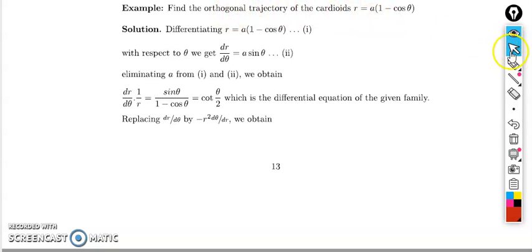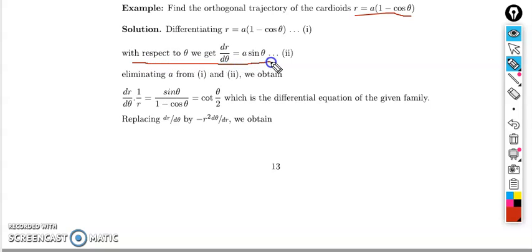The given curve is r equals a into (1 minus cos theta), where a is your parameter, so you have to eliminate a from this equation. Here the number of parameters is 1, so you have to differentiate with respect to theta, because here theta is the independent variable and r is the dependent variable.